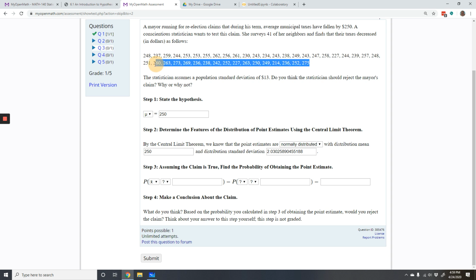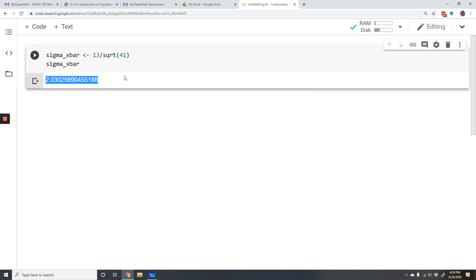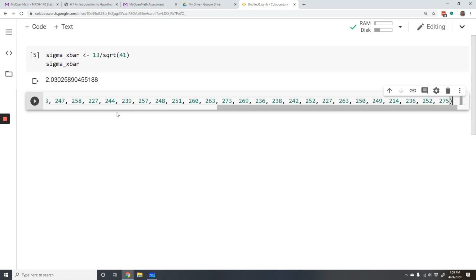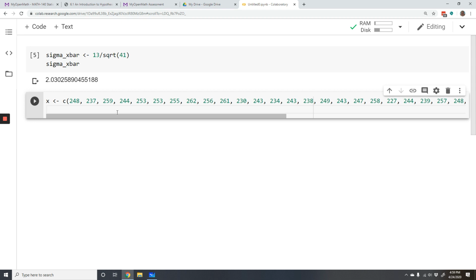So let me grab all this data. There. I just copied and pasted it in here, so I have all the data in there, and I am ready to find the mean.